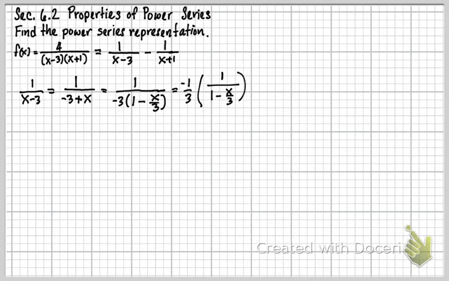Okay, now inside of there, this is just that composition rule that we used previously. So this would be the negative 1/3, and I'm just going to leave that to the outside. And then to the inside, the series, I'm going to get x over 3 to the n.